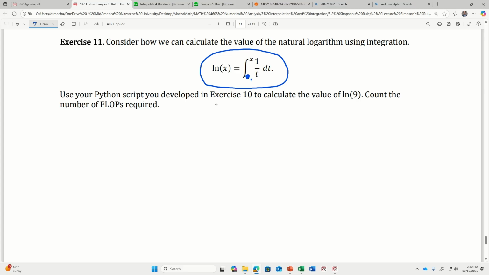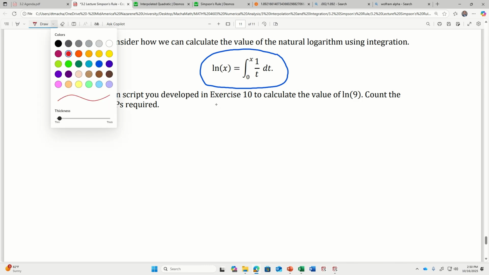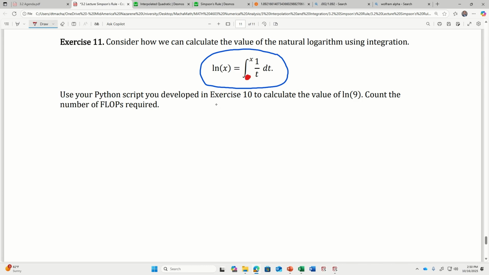That should be a 1. Is that a typo in your homework too? That 0 should be a 1. Yeah, I gotta make a note. Mental note: fix typos in all my numerical analysis stuff. Yeah, no. So the natural logarithm should be the integral from 1 to x, because the natural log of 1 should be 0. So it makes sense that the lower bound of the integral should be 1.